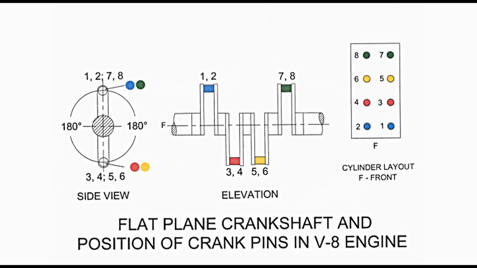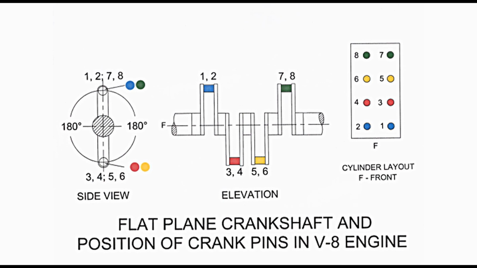Pistons in cylinders 1, 2 and 7, 8 are at TDC and in 3, 4 and 5, 6 are at BDC, as indicated in the elevation and side view. These are 180 degrees apart.